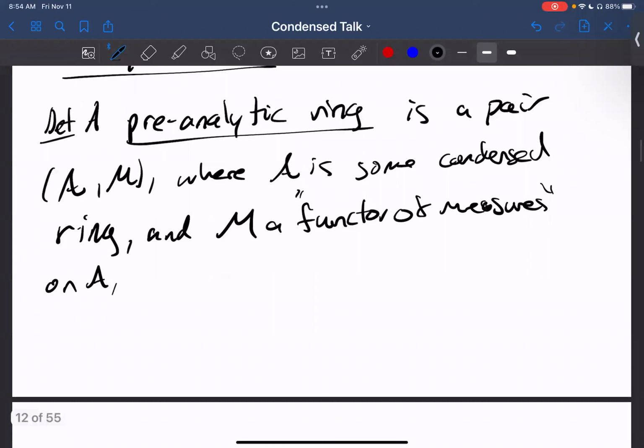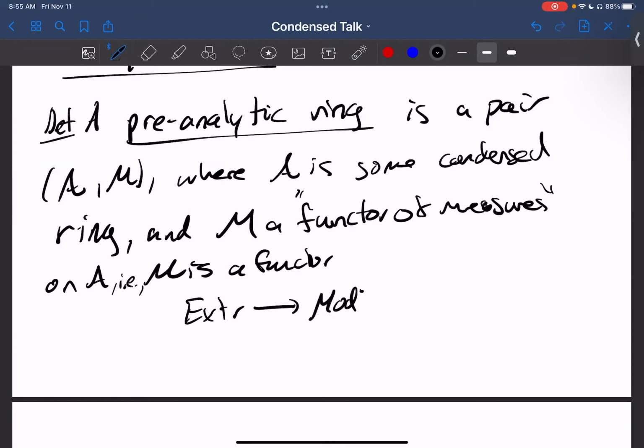So in particular, this means that M is a functor from extremely disconnected sets to condensed A modules.